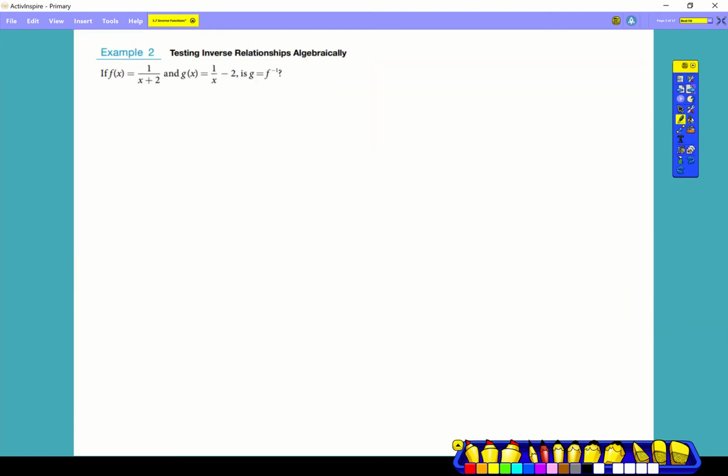Okay, testing inverse relationships algebraically. So f of x is 1 over x squared. G of x is 1 over x minus 2. And remember that no matter how we compose them, if we put our original first or our inverse first, we're going to get x.